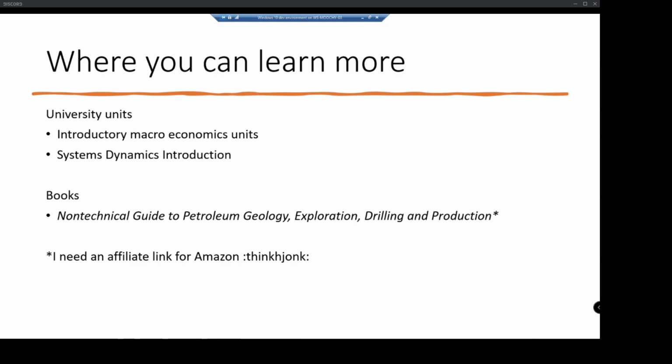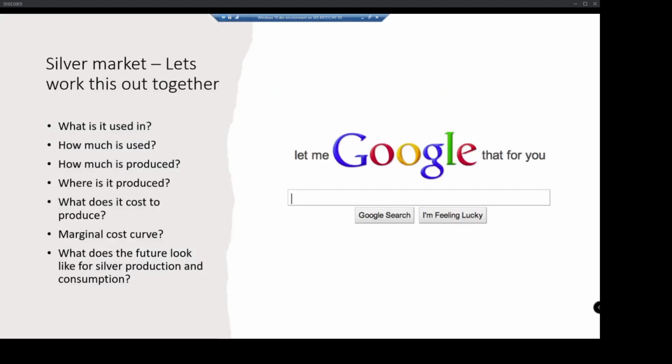I wouldn't say it's that clear. Mainly what I was trying to set out is a general, high-level way you would go and look at a particular commodity market. I know oil particularly well. But if you're looking at, say, the silver market, you would look at what is it used in, how much is used, how much is produced, where is it produced, what does it cost to produce, what does its marginal cost curve look like, and what does the future look like for silver production and consumption.